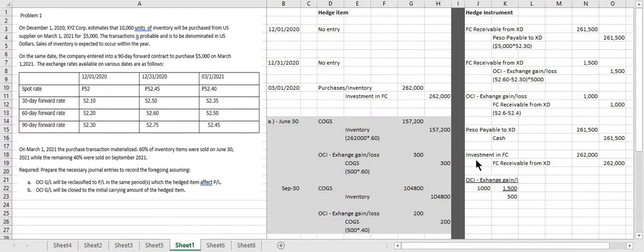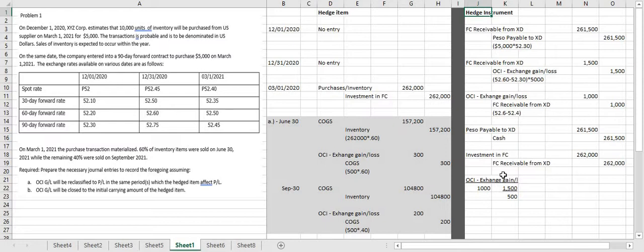So, debit tayo ng investment in foreign currency, the amount of which will be equal to the spot rate at the time of the transaction. So, that's 262,000. That's 5,000 foreign currency units multiplied by the spot rate during March 1, 2021. Ayan. And we close the FC receivable from XD for also 262,000.